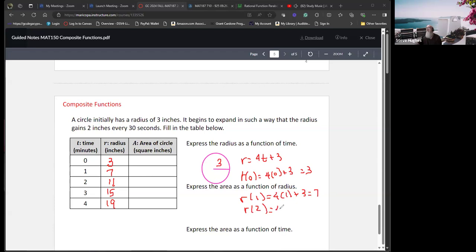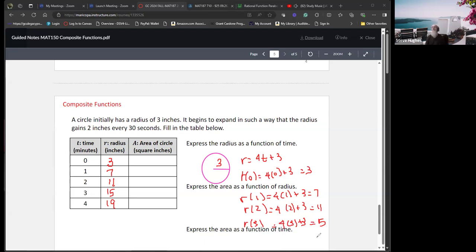R of 2, which is 4 times 2 plus 3, which is 11. Okay, R of 3 is equal to 4 times 3 plus 3, which is 15. Those all check out, okay? So our formula is correct.